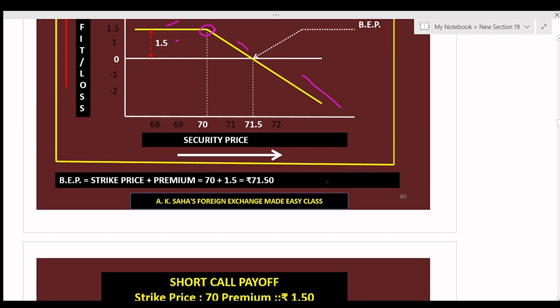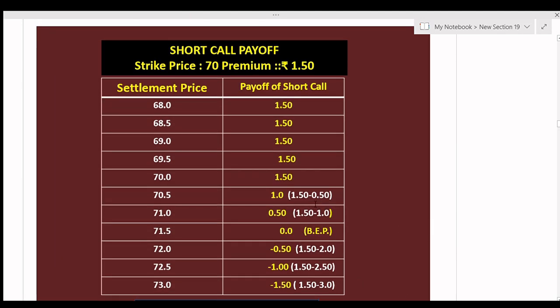Now profit is shown in the next table, that is short call, strike price 70, premium is 1.5. If the spot price is 68, that is less than 70, he will gain 1.50. If it is 68.5, that is less than 70, he will gain 1.50.